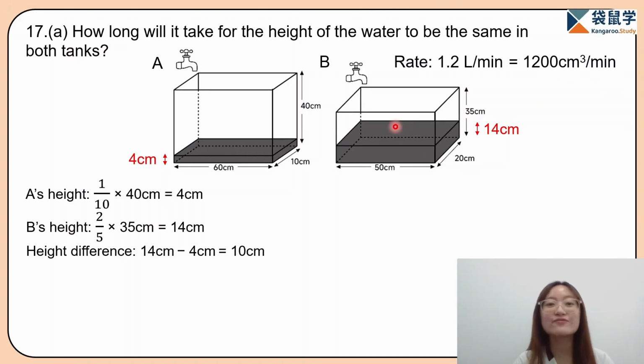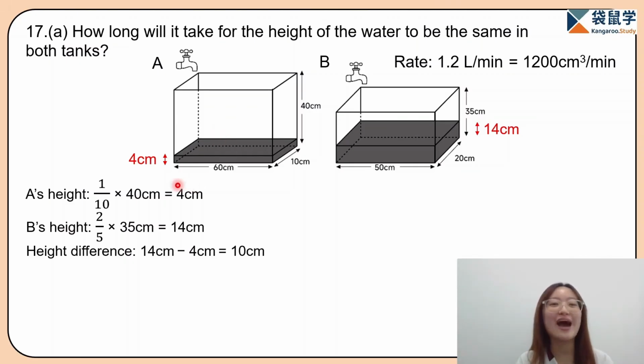So first, let's focus on one of the tanks, tank A. So when the tap is on, for every minute, 1,200 volume of water will be added to the tank. And what will be this increase in height? How can we find height from volume? We can take volume divided by base area, and that will give us the height. Are we able to find the base area of A?